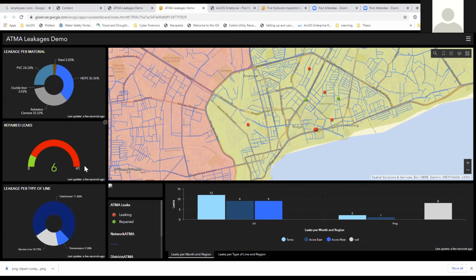Here we have the total number of leakages reported and what has been worked on so far. Out of a total of 41, we have 6 of them that have been currently addressed. And we can also have a chart that gives us all of this information at a snapshot, to have a window of.